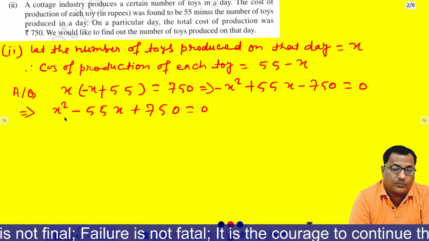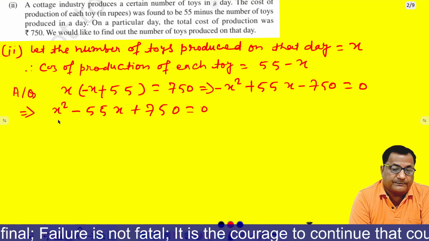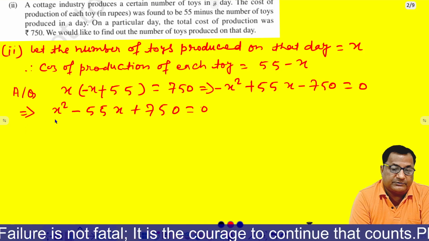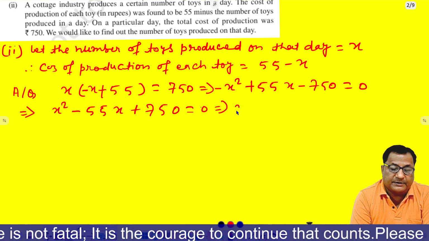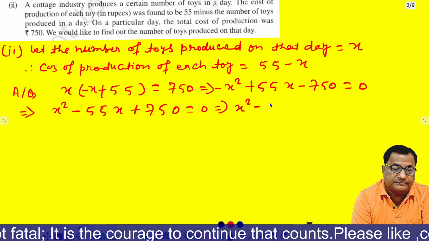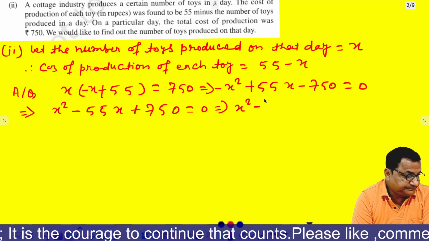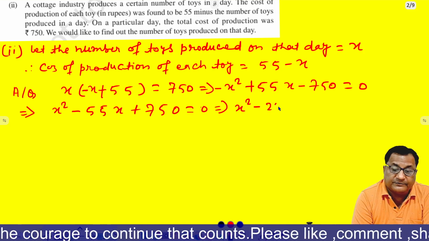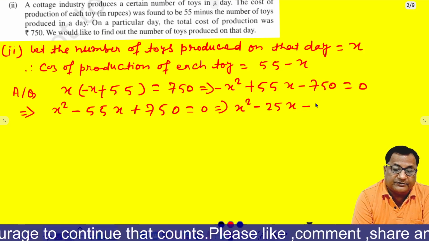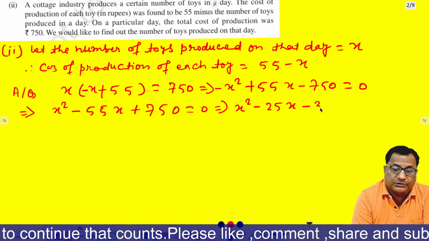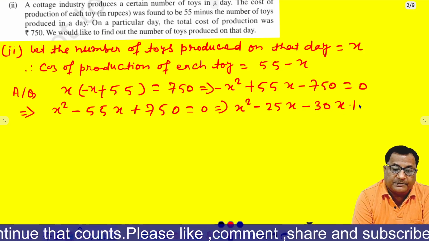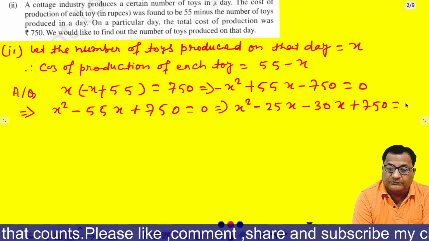Now split the middle term, then it will be x square minus 25x minus 30x plus 750 is equal to 0.